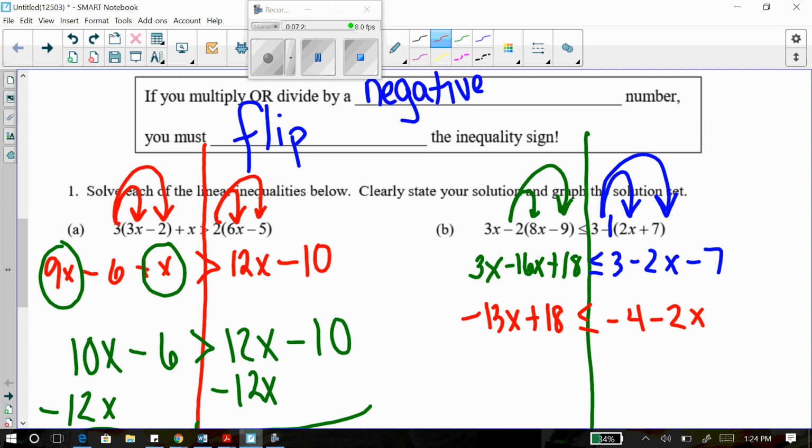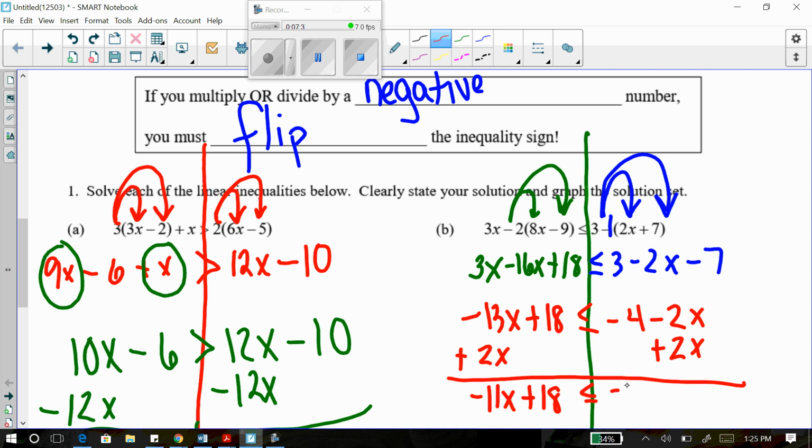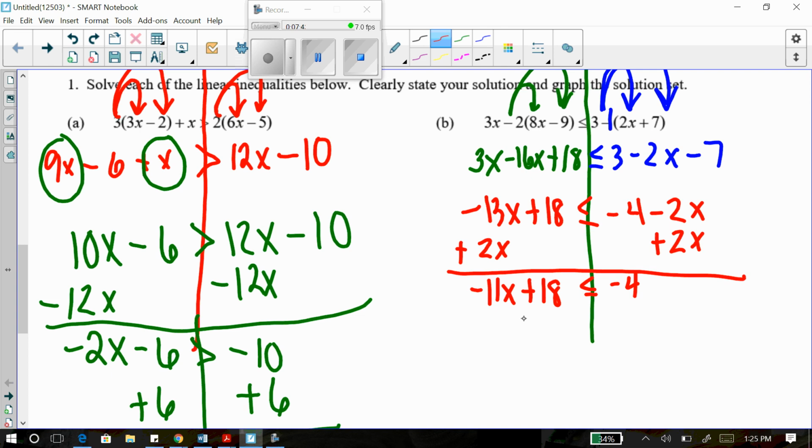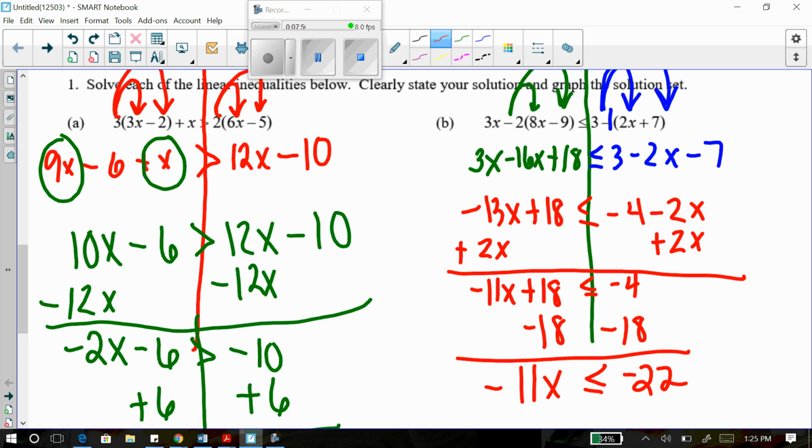Otherwise, it's very confusing and it's hard to figure out the answer. So I'm going to add 2x. That gives me -11x plus 18 is less than or equal to -4. Now subtract 18 to both sides, and you get -11x is less than or equal to -22.